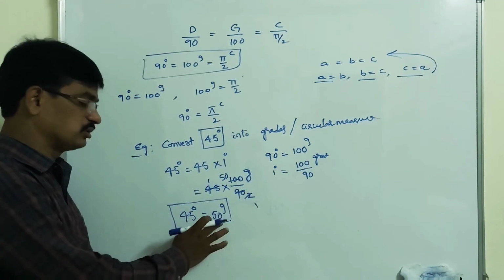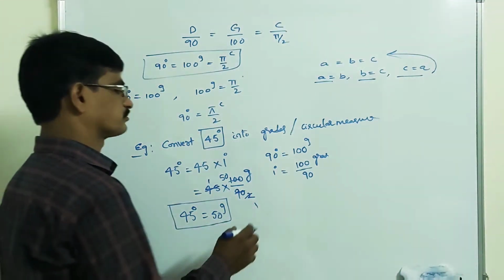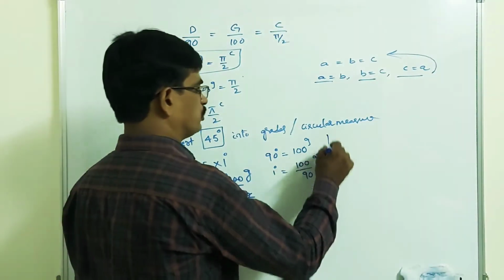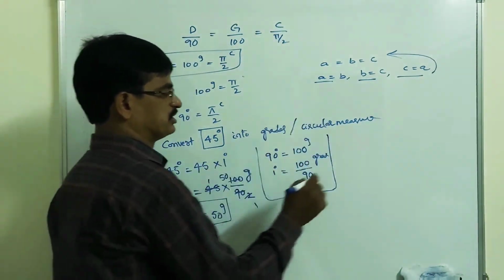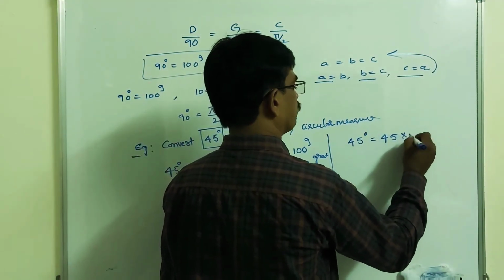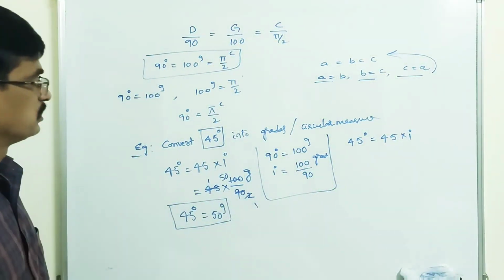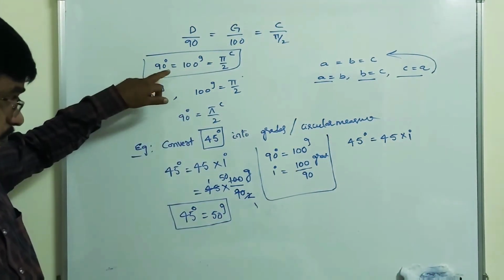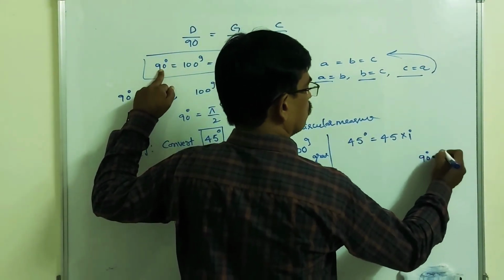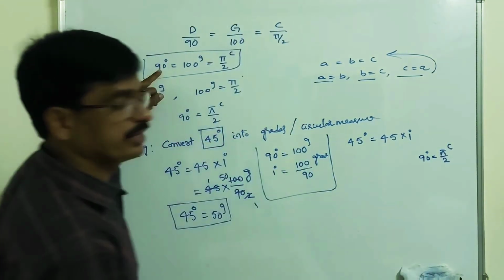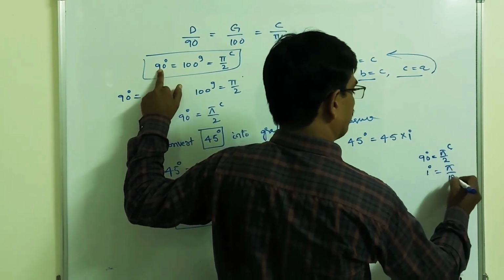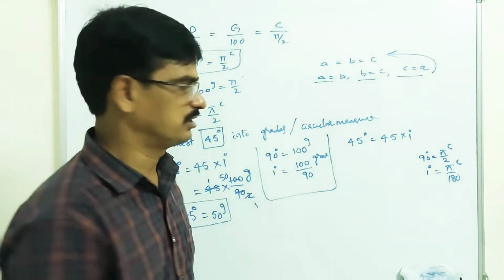Now suppose we convert 45 degrees into circular measure. First write 45 degrees as 45 into 1 degree. Then we know that 90 degrees is equal to pi by 2 radians. That is, 1 degree is equal to pi by 180 radians.